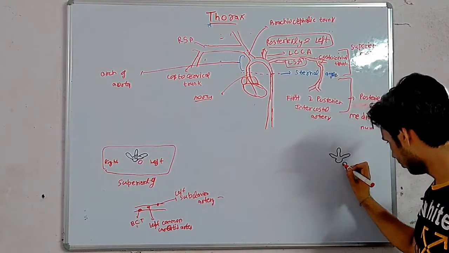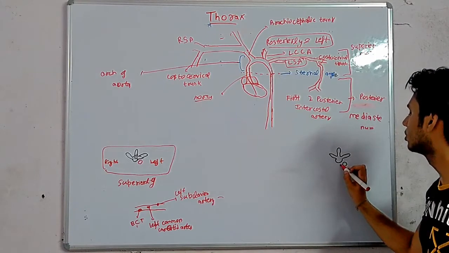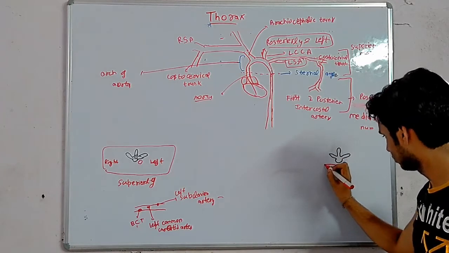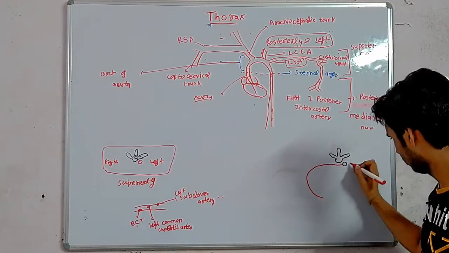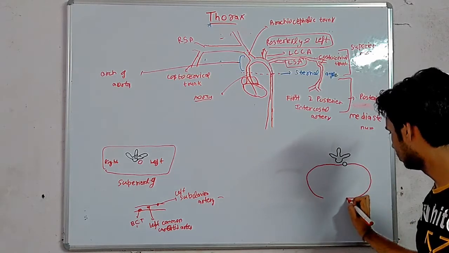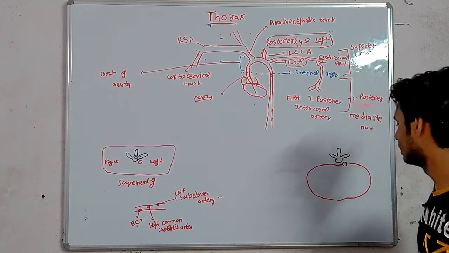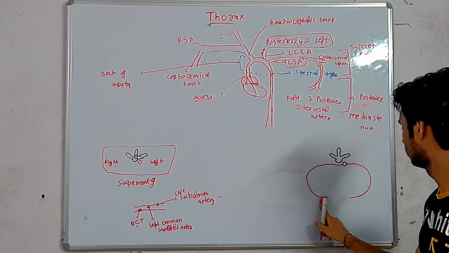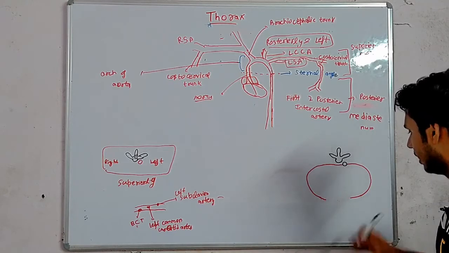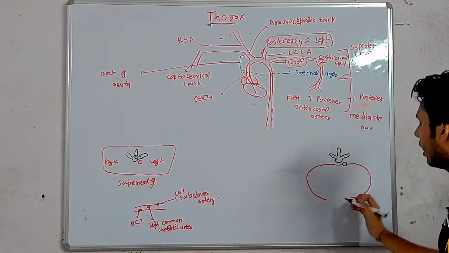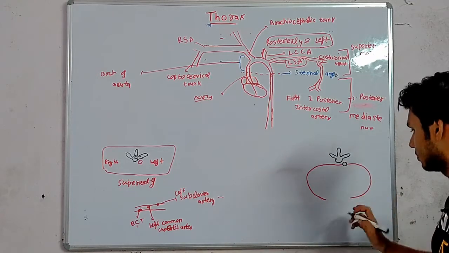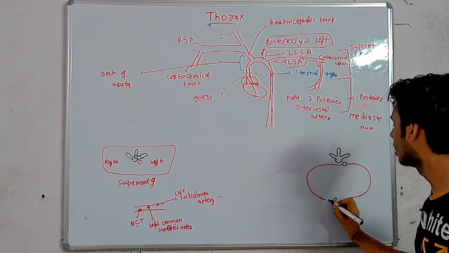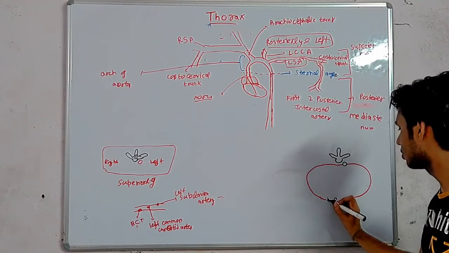Then arteries from the costocervical trunk branch, and the intercostal vessels are arranged like this from both sides. And anteriorly they are completed by the anterior intercostal artery. This is the thorax, superior aspect. There is another artery. Here anastomosis occurs.